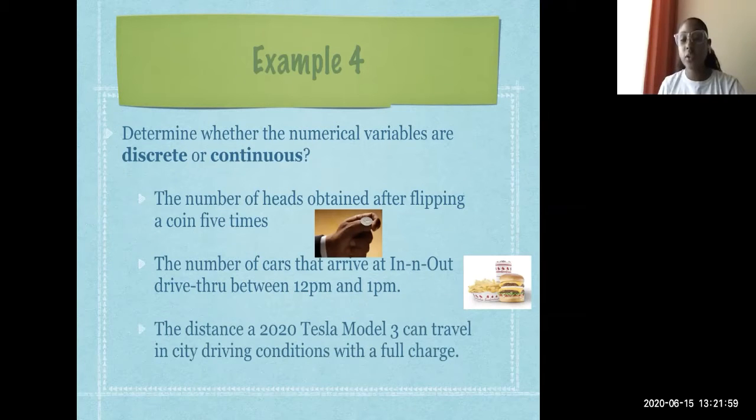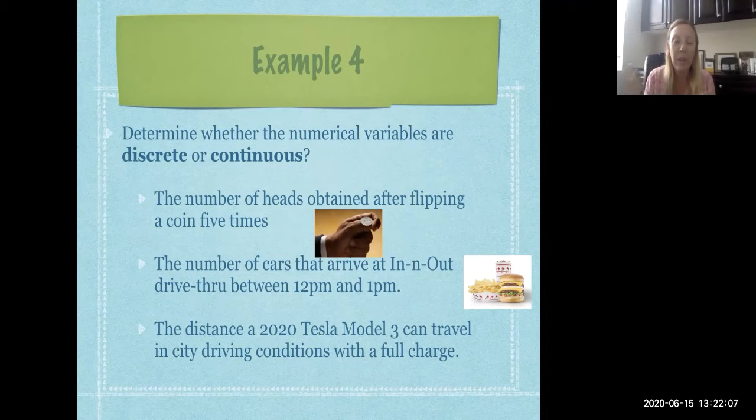The distance a 2020 Tesla Model 3 can travel in city driving conditions with a full charge. Perfect. Okay. So we've got flipping a coin, number of cars at an In-N-Out from 12 to 1 p.m., and then the distance the car drives with a full charge.